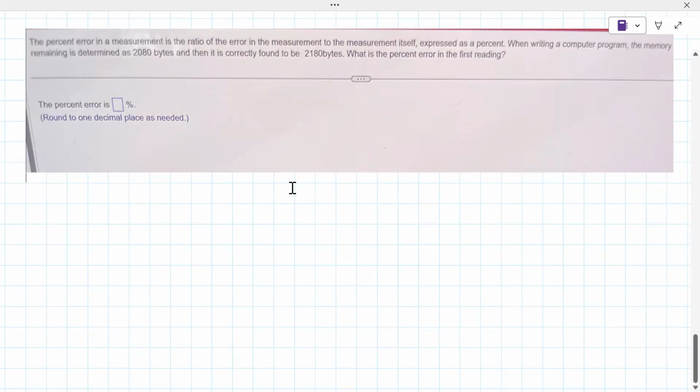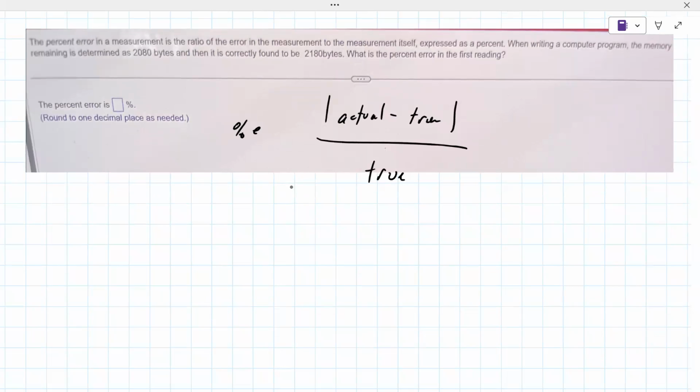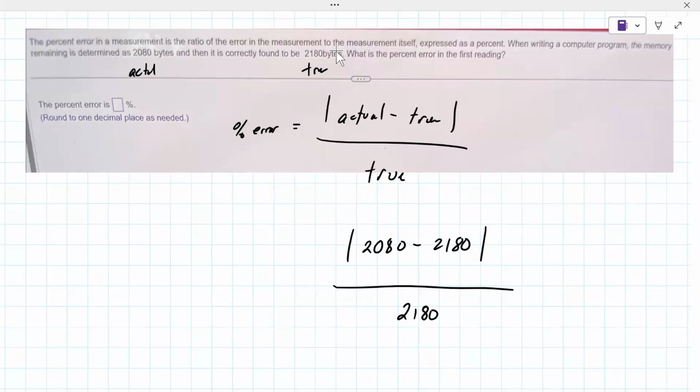So the percent error is the actual minus the true, absolute value, over the true. All right. So it's saying it's determined to be 2080, but it's correctly found to be 2180. So that's the actual, and that's the true. So it's 2080 minus 2180, absolute value, over 2180. And then you multiply your answer by 100 to get the percent there.